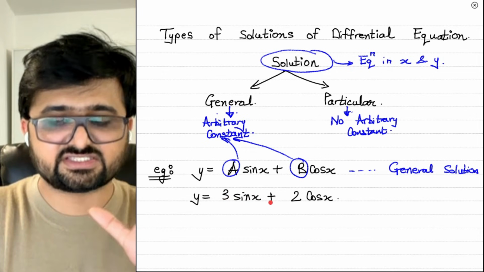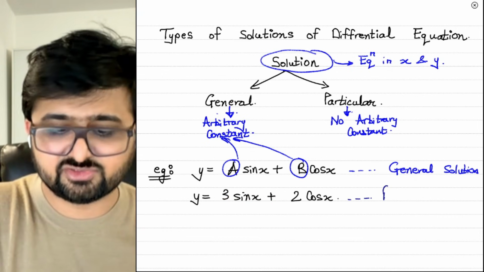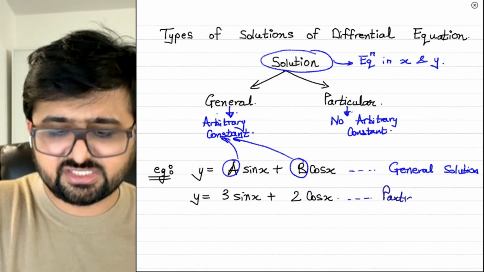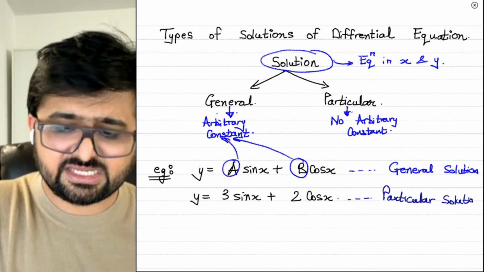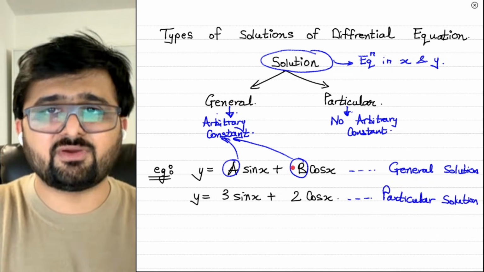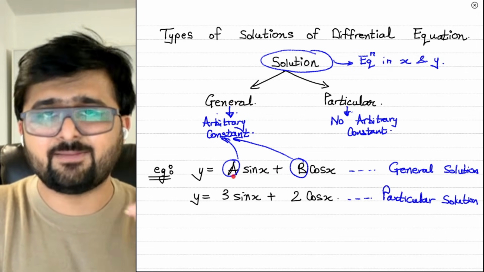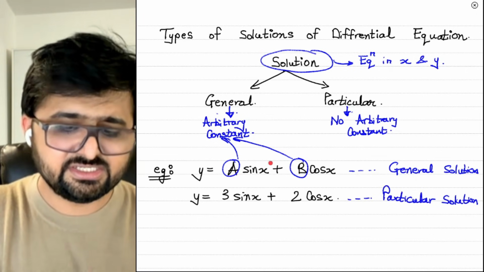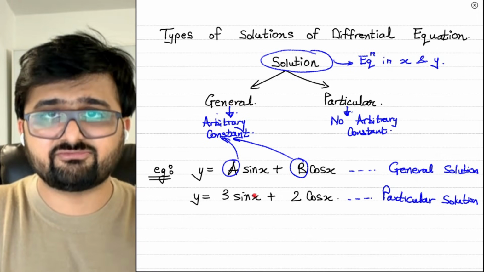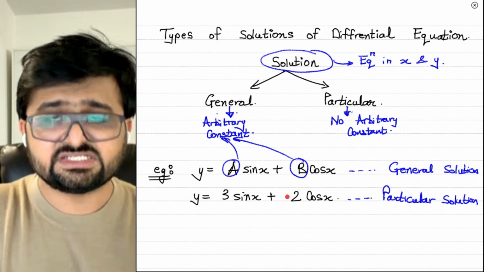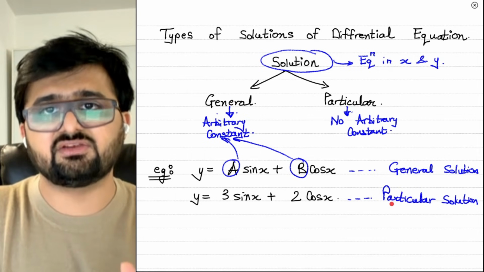So that's fixed, and this is a particular solution. In simple words, if there are alphabets involved, a, b, c, m, p, q, and so on, such a solution is a general solution. If there are fixed number values, such a solution is a particular solution.